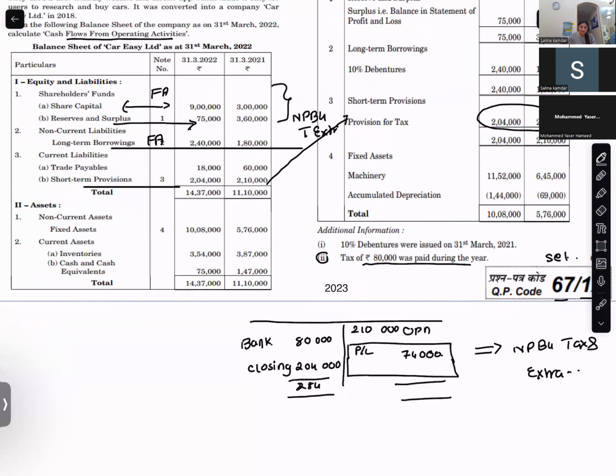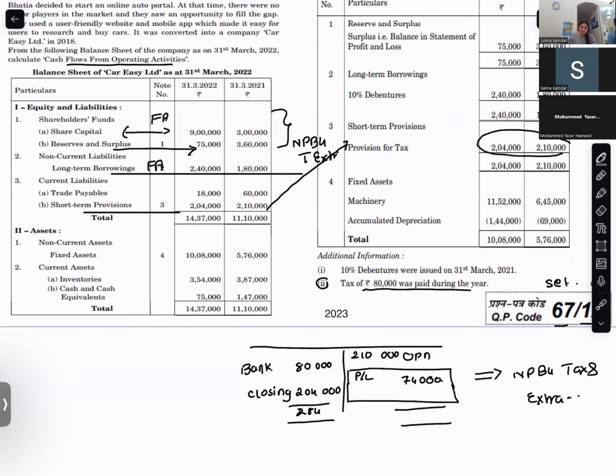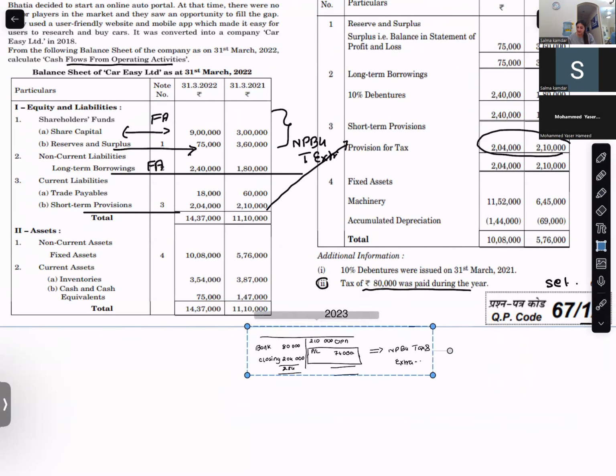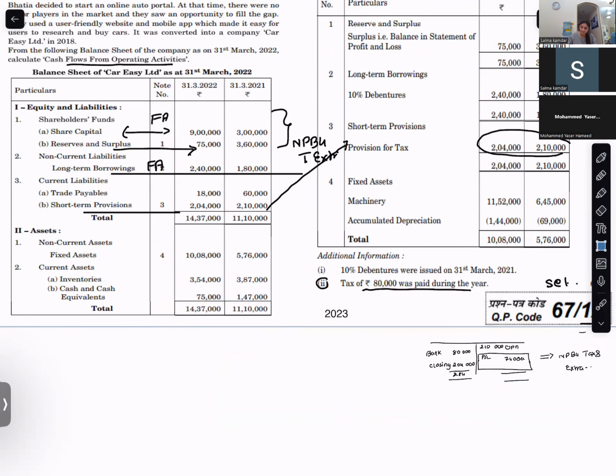So cash flow from operating activities starts with what? Can you calculate net profit before tax and extraordinary items for me?